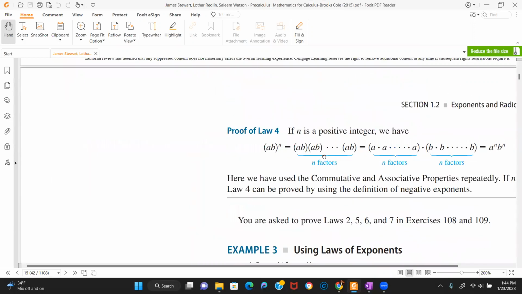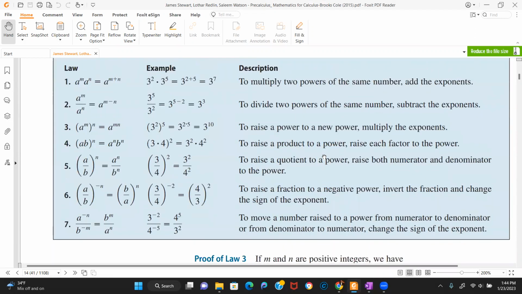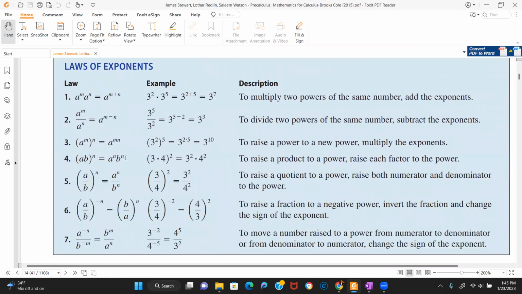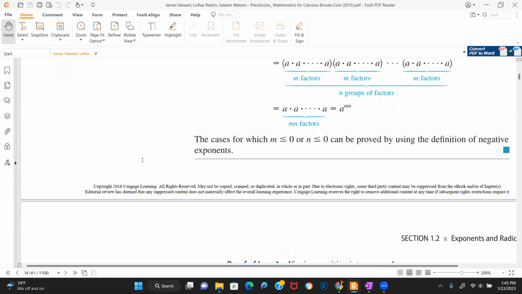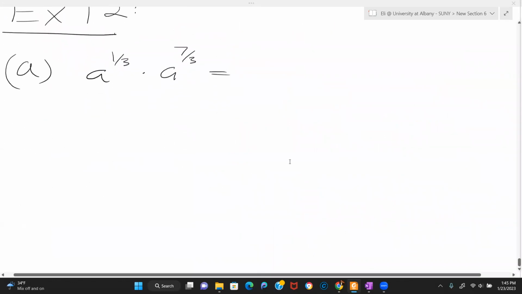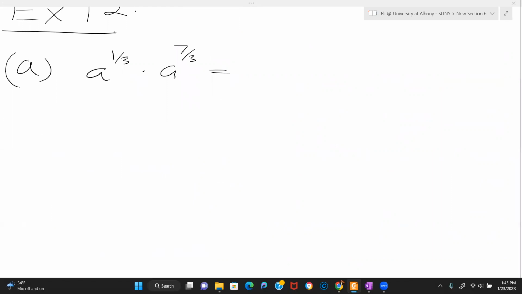Even though in this table we were restricting m and n to be integers, it turns out all these same rules apply even if m and n are rational numbers. So we've generalized these laws to apply for rational m and n.